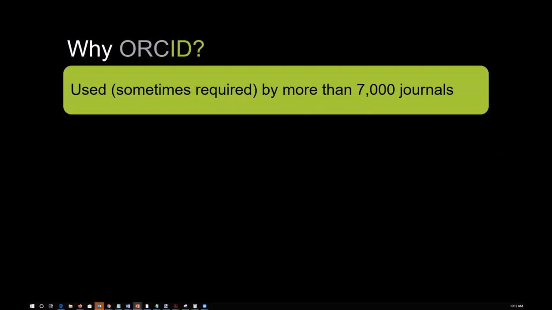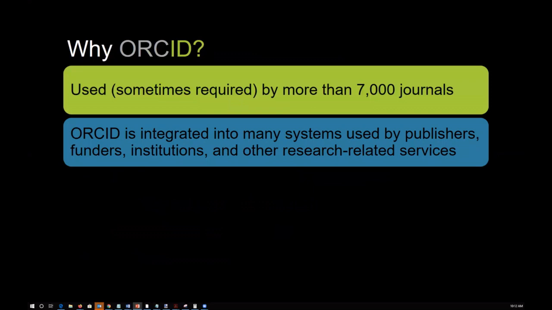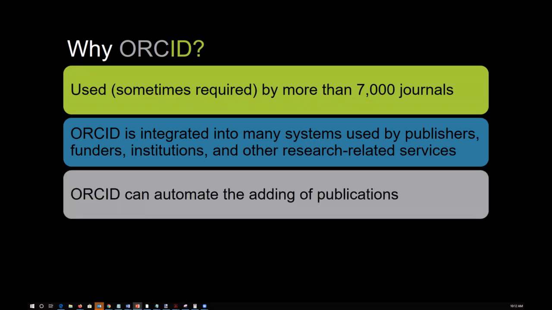So why ORCID? Well, it is used by more than 7,000 journals, and sometimes it is actually required by the journal. ORCID is integrated into many different systems, the publishers, the funders, and we hope in the very near future that it will work with university systems. So think promotion and tenure packages.